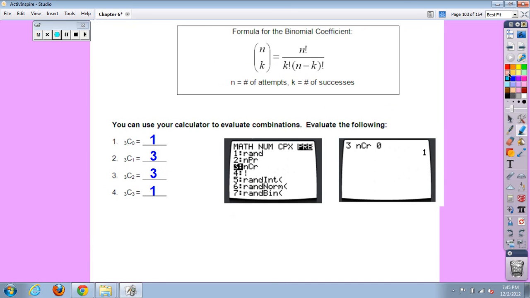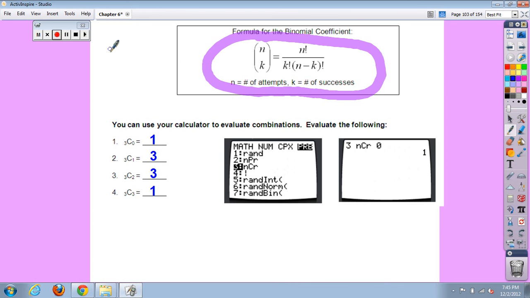And it all boils down to this formula. To figure out the number of ways of doing something, a certain number of ways, we're going to be following the binomial coefficient. And for some of you, you might recognize this as a combination versus a permutation.